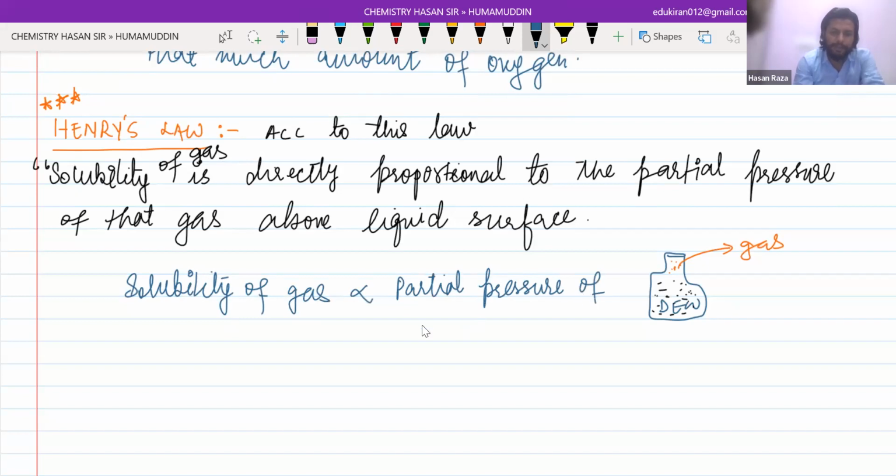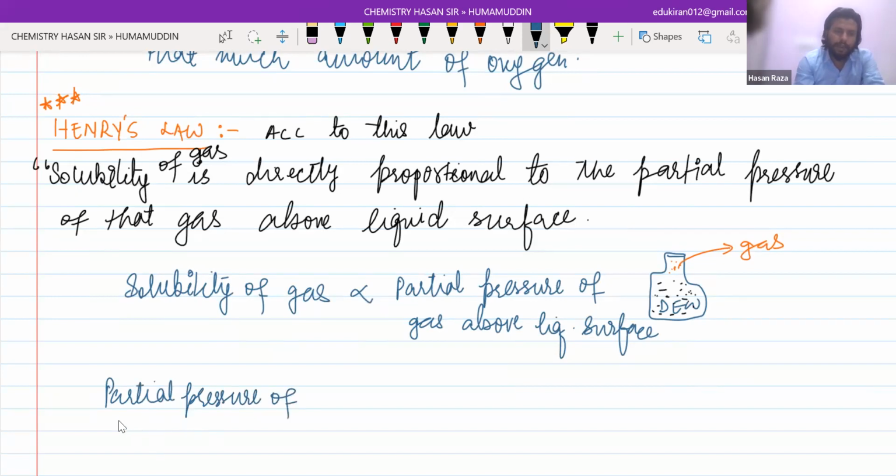So basically, solubility of gas is directly proportional to the partial pressure of gas above liquid surface. Or I can write, partial pressure of gas above liquid surface is directly proportional to solubility of gas.